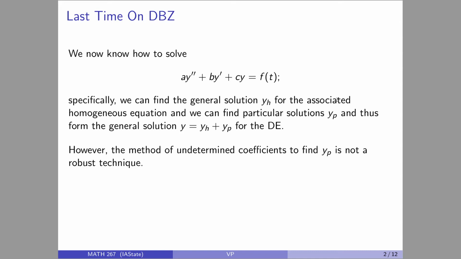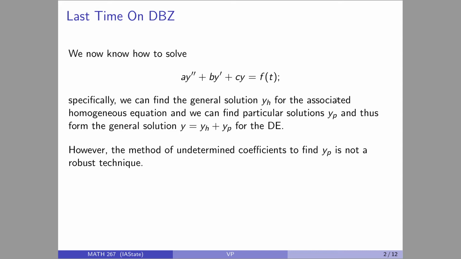But as we discussed and saw, the method of undetermined coefficients is not a robust method. It's a, well, let's guess something and see if it works, and if it doesn't, modify it until it does. The only reason that technique worked was that the right-hand sides we were looking at have nice derivatives.